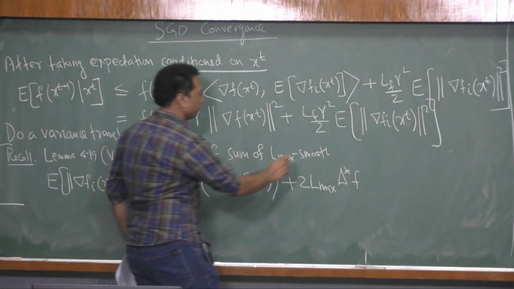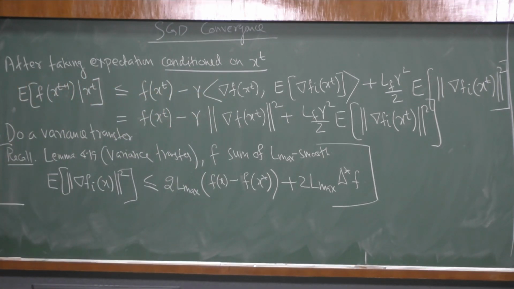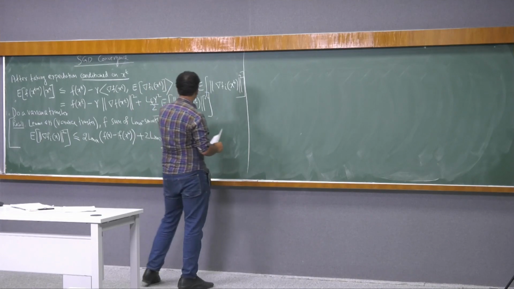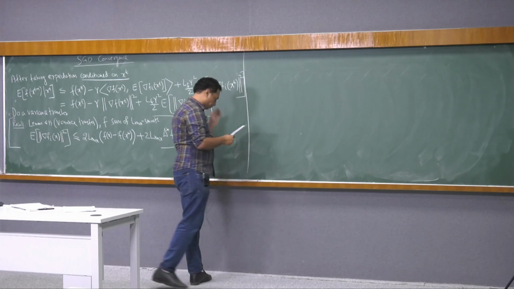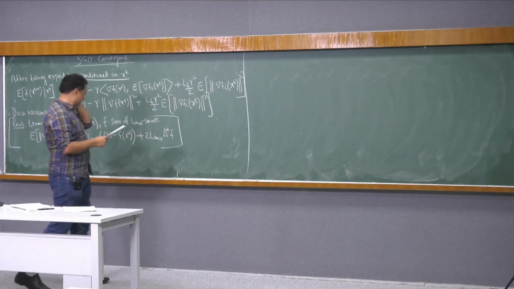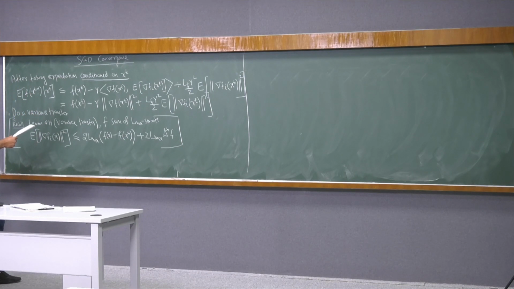This is a recall of the lemma, and we will apply this now in the last term. That's where we have this grad f_i. So we apply it here. Let us see the terms. We will keep the second term untouched for the moment. Let us do only this one.